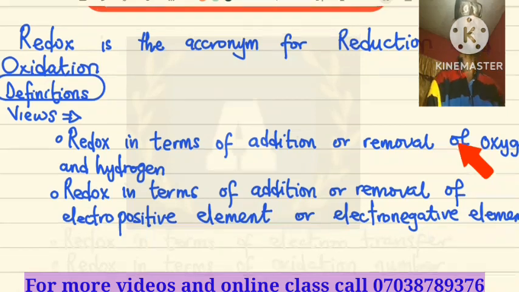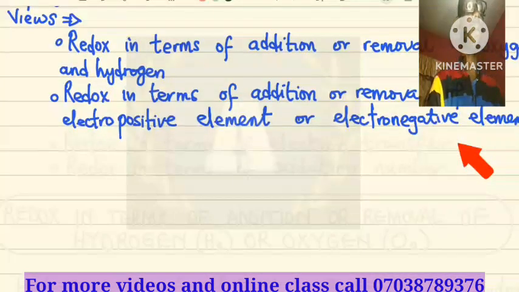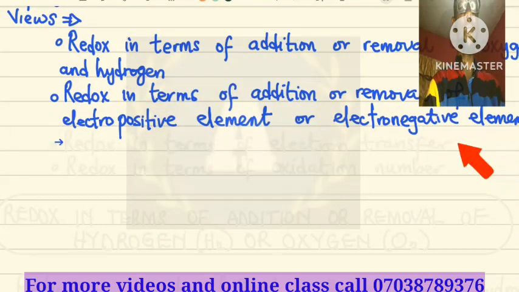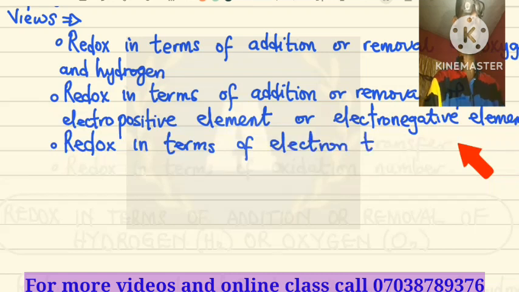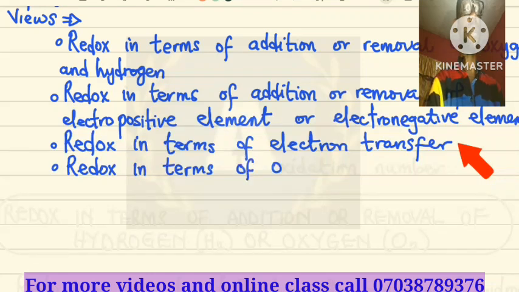Then we will define reduction and oxidation in terms of electron transfer. Finally, we're going to look at the definition of reduction and oxidation in terms of oxidation number.